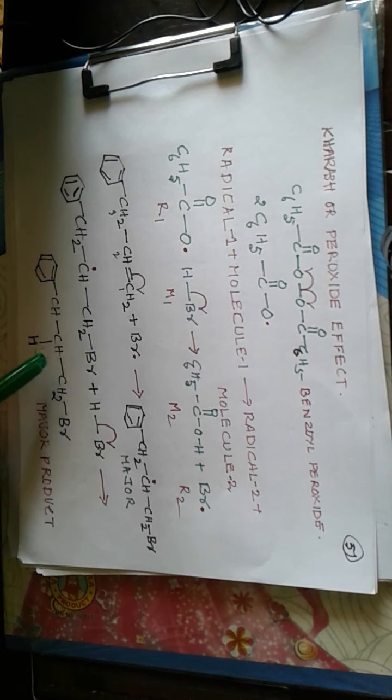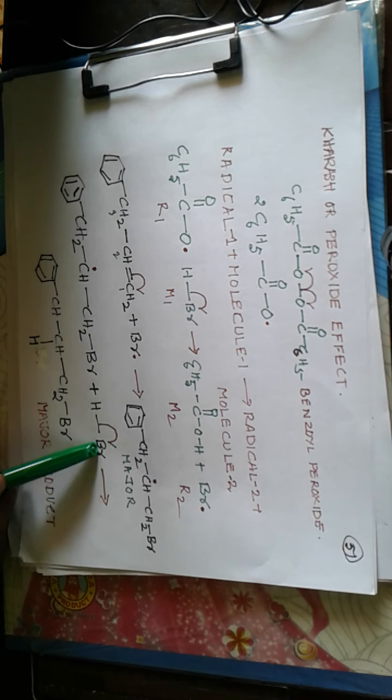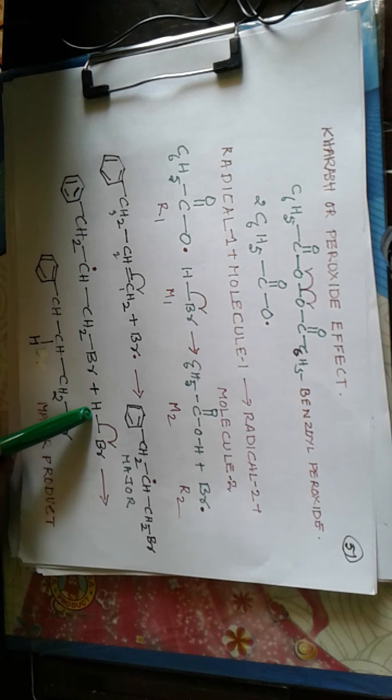And then we get the final product, where this radical combines with a molecule to produce another radical and another molecule. So this radical combines with the HBr molecule, which undergoes homolysis to produce Br radical and H radical.